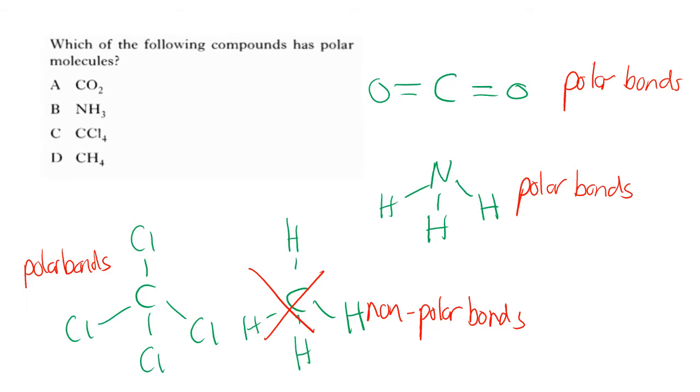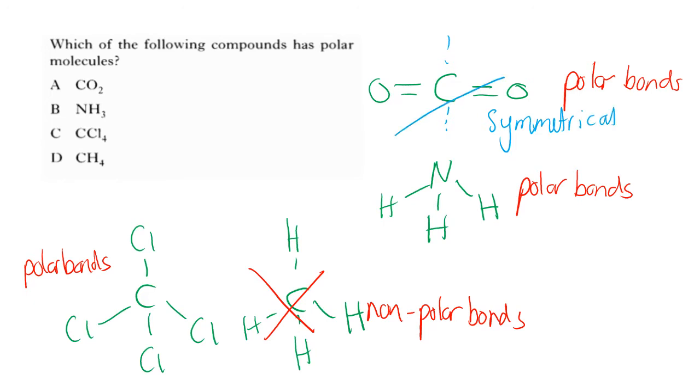Then we need to think about, is it symmetrical? And if it's symmetrical, it means it's not polar. Carbon dioxide is symmetrical. So that means we can't do it.